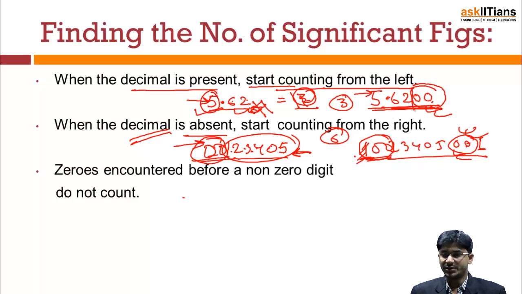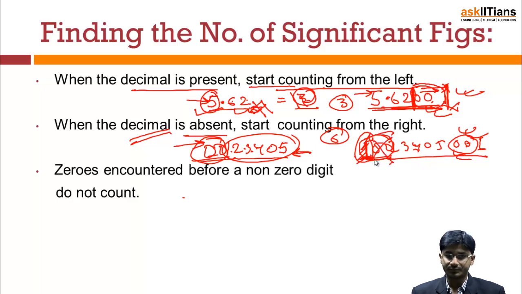Now this is the non-zero digit. This is 0. Now that will encounter before a non-zero. So if there is a non-zero here, then you have to count it. But if there is no non-zero digit, you don't have to count it. Same case for here. If you have a non-zero digit here, you have to count it. But if there is no preceding non-zero digit, you don't have to count this.